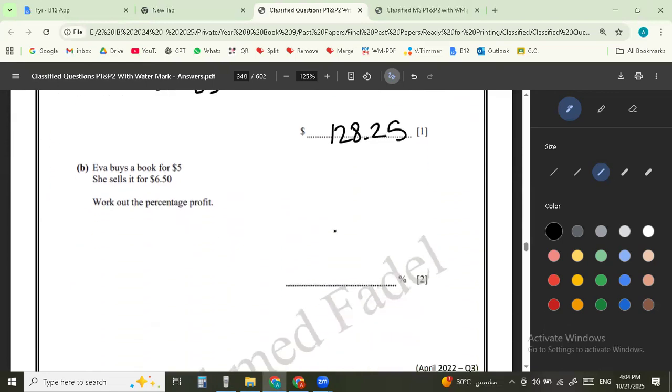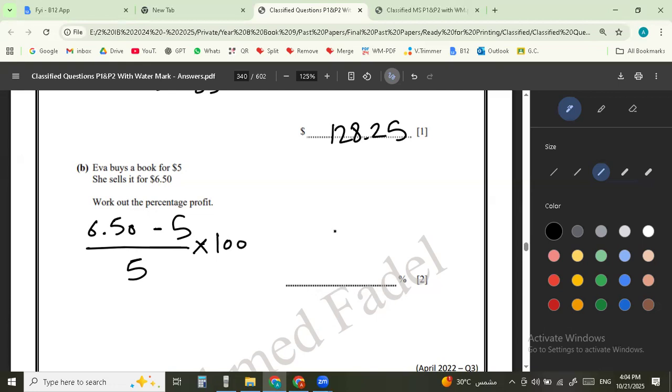Eva buys a book for $5. She sells it for $6.50. Work out the percentage profit. This means I want the change. We've just answered about 5 questions so far that are the same. 6.5 minus 5, which is 1.5, over the old price, which is 5, times 100.